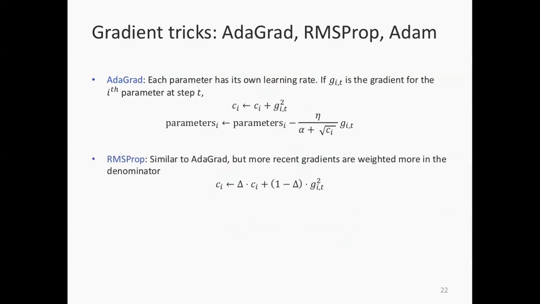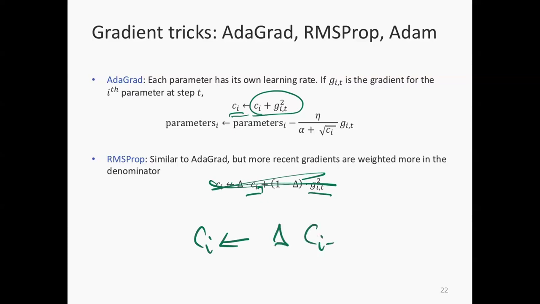RMSprop is very, very similar to AdaGrad, except this c itself, rather than just adding up g squared, is the weighted average of c_i and g squared. There's a weighting term, delta. You get the previous gradient squared times delta. This is c_i minus 1. I'll write it again.